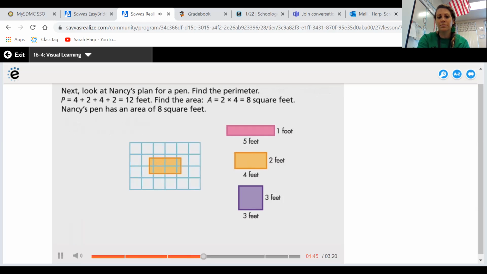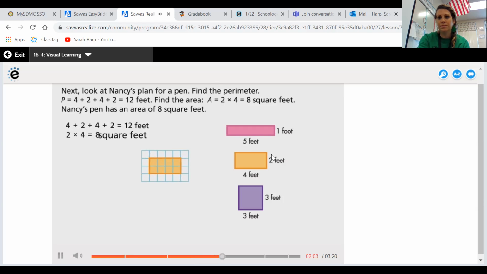Next, look at Nancy's plan for a pen. Find the perimeter. P equals 4 plus 2 plus 4 plus 2 equals 12 feet. Find the area. A equals 2 times 4 equals 8 square feet. Nancy's pen has an area of 8 square feet.